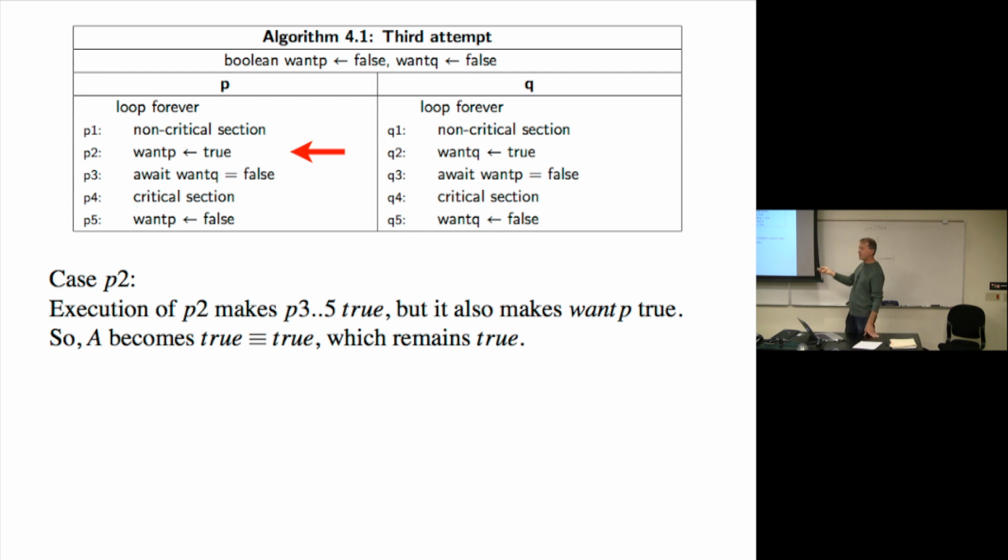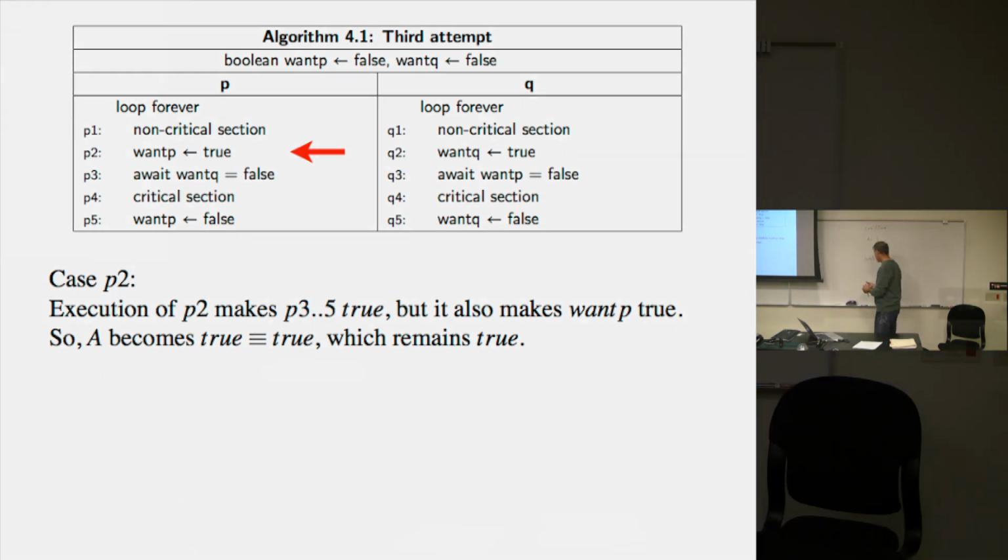Because P3.5 means P3 or P4 or P5. So if P3 is true, it doesn't matter about P4 and P5. They're false. True or false is true. P3 or P4 or P5 is true. Are you with me? Look.